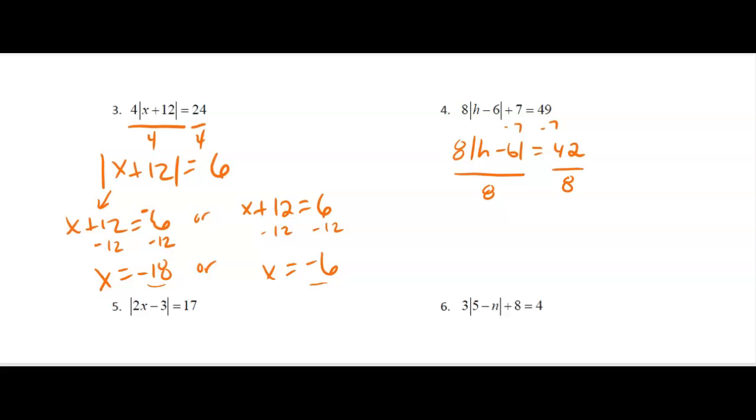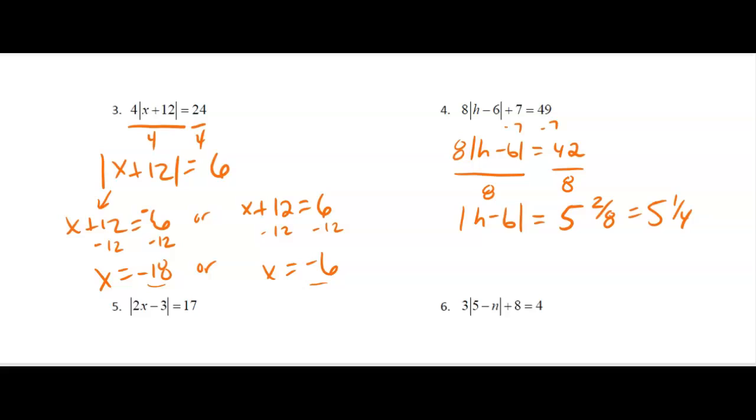And that's going to give me the absolute value of h minus 6 equals 5, because 8 goes into 42 5 times, and how many is left over? 2 8s, which equals 1/4.